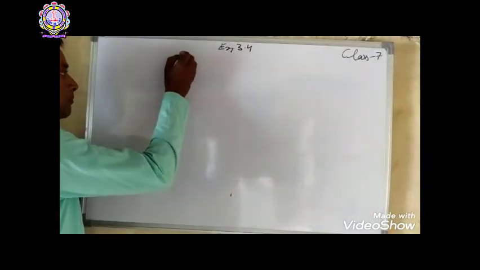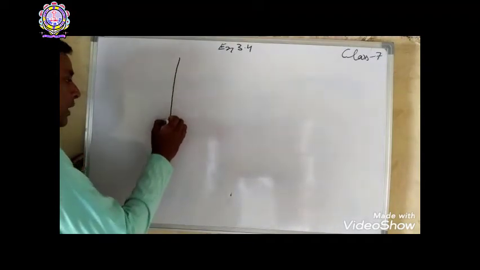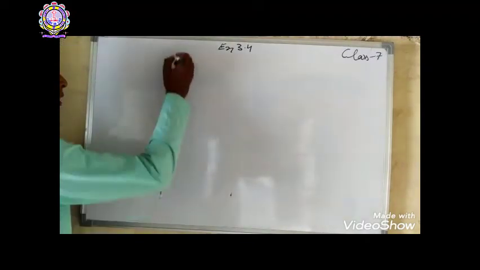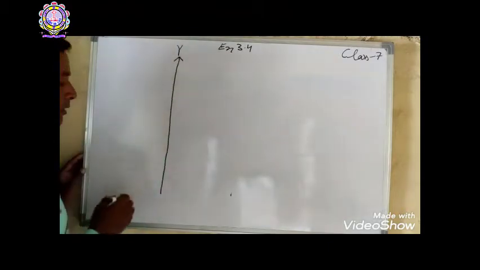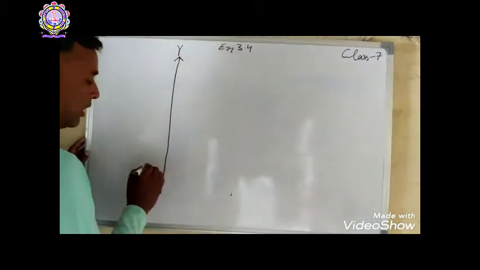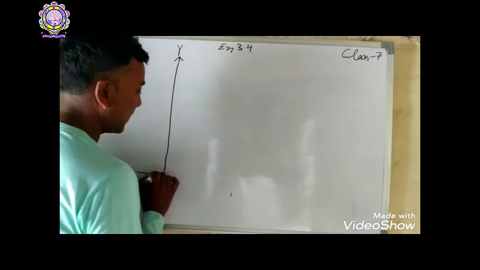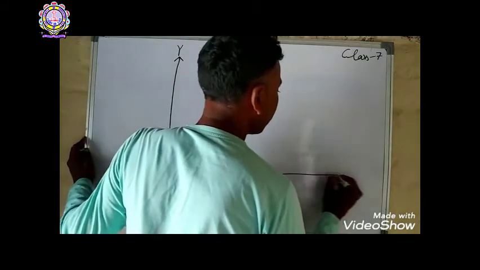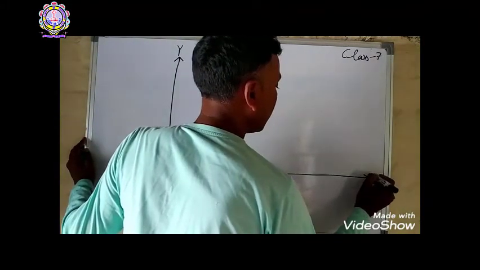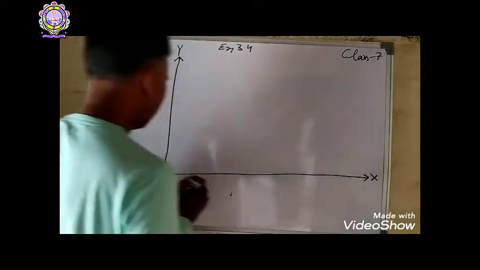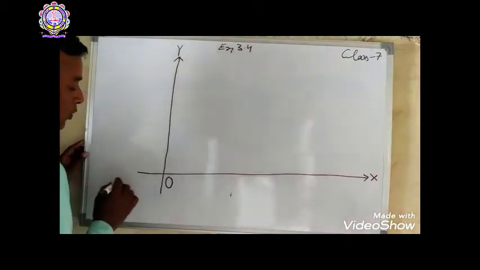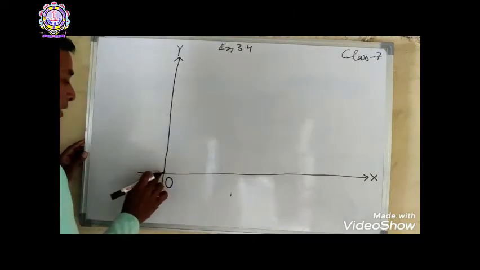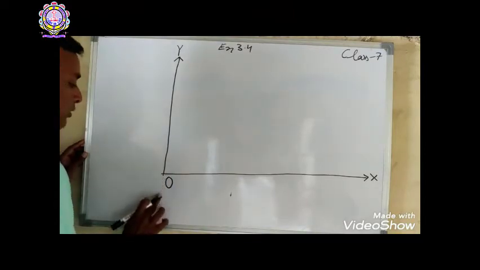The first is a vertical line, we name it the y-axis, and another is a horizontal line called the x-axis. They intersect each other at O, and this point is also called the 0.